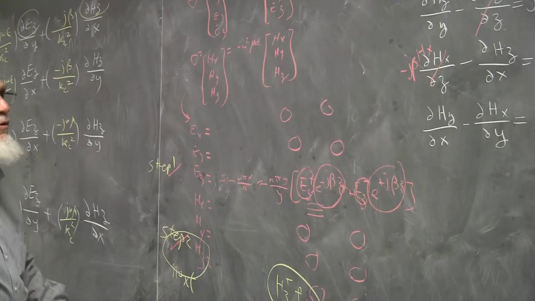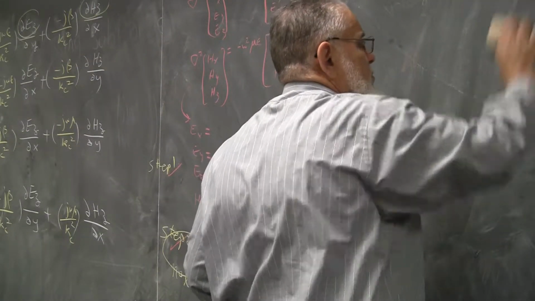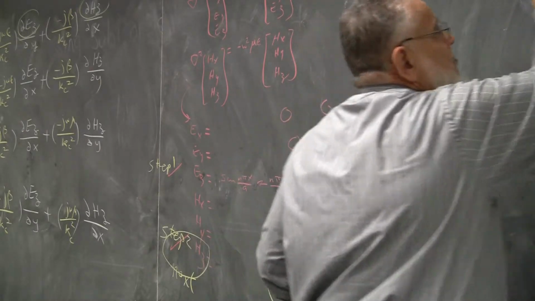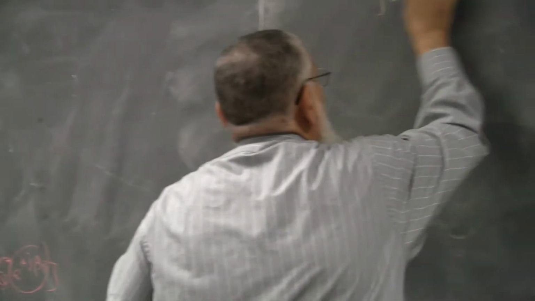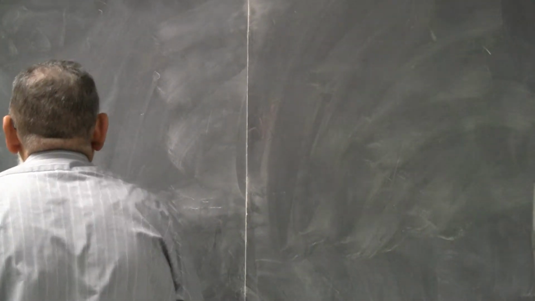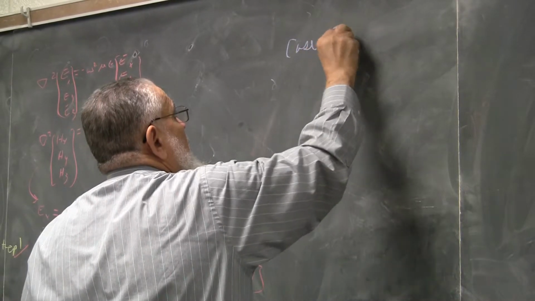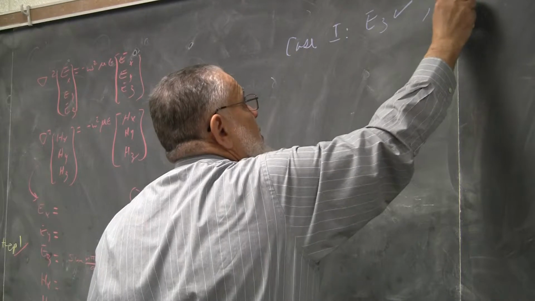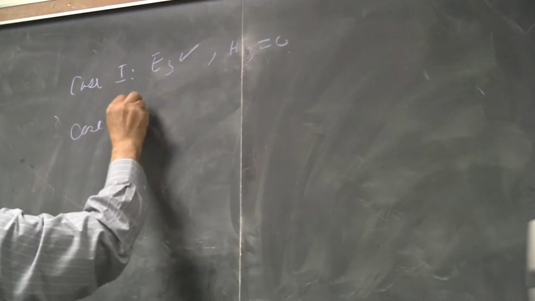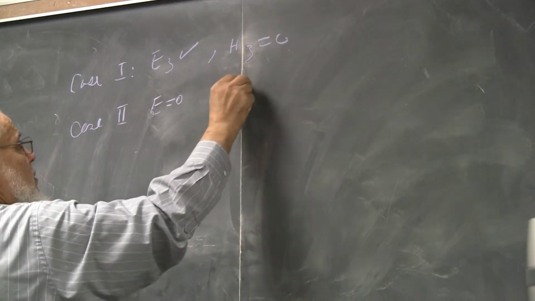So we're going to break the solution now into two separate solutions, or two separate cases. Case 1, we say E sub z exists and H sub z is 0. Case 2, E sub z is 0 and H sub z exists.